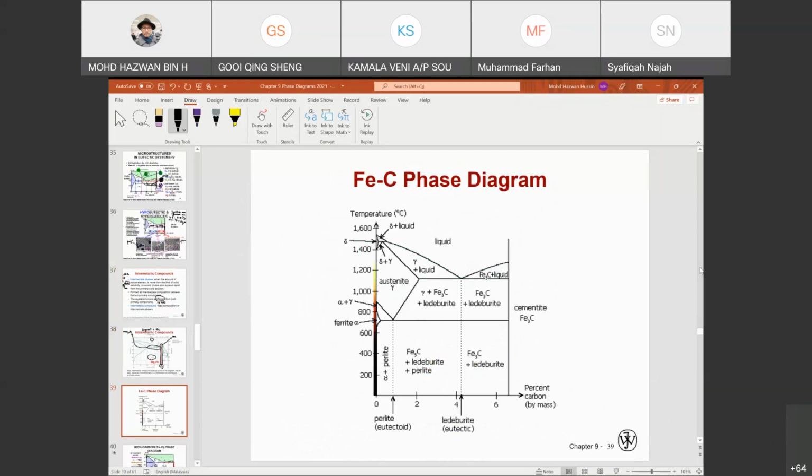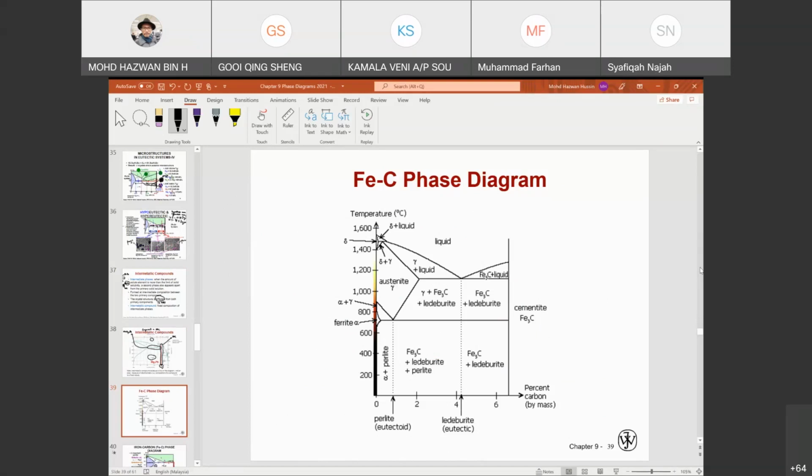This is a very popular phase diagram. When you work with materials, an important material will be cast iron, so it is important to understand the phase diagram or the behavior of cast iron.